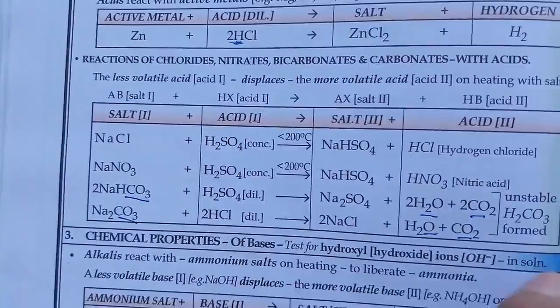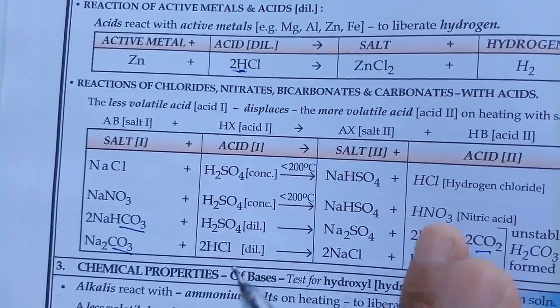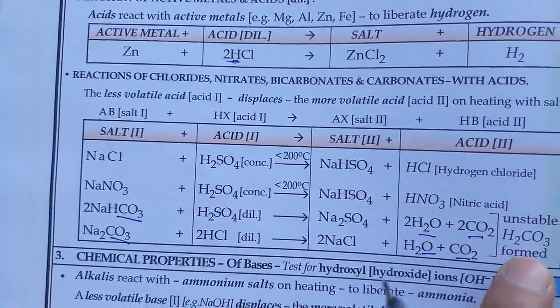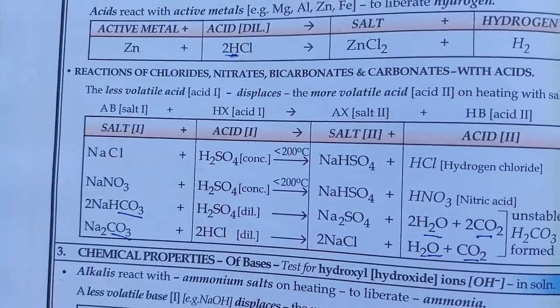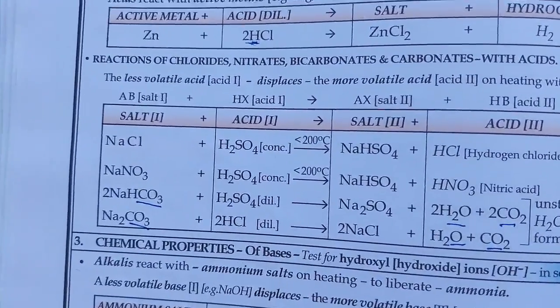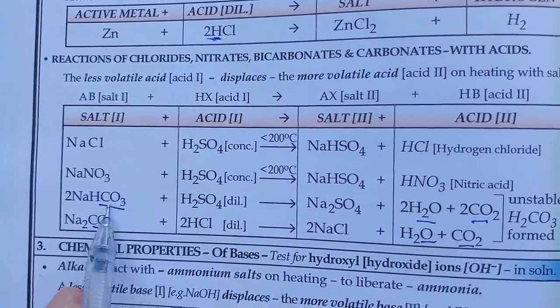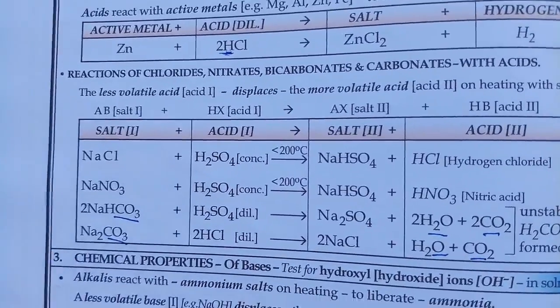Same way here also, it forms H2CO3, which is unstable, and dissociates to give you H2O and CO2. Because H2CO3 is unstable, it does not remain as H2CO3. It dissociates again and again. So we generally receive H2O and CO2 when you come across CO3 or HCO3 or whatever.